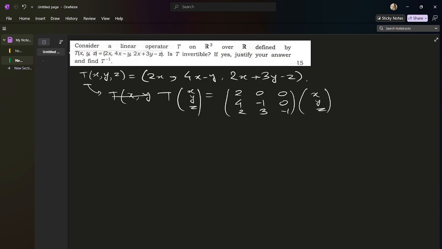Thus the matrix representation of T is this.